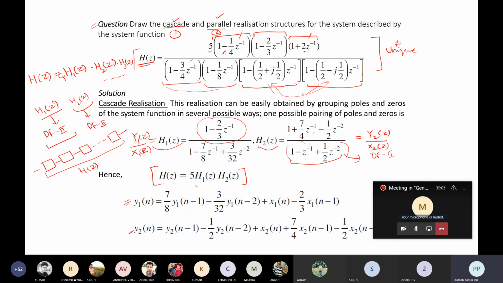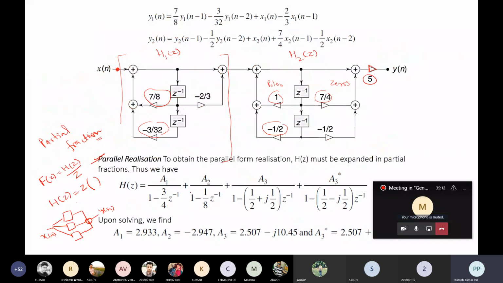It is already given in fraction form or factorized form, so we can separate this one and this one. So four different denominator parts will be there. This is your first one, second one, third one, and fourth one. Whatever coefficient will be there here, the same complex conjugate coefficient will be here, because these two are almost the same, only the difference is their poles, that is complex conjugate.